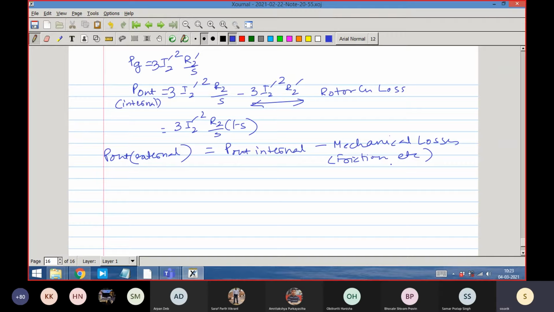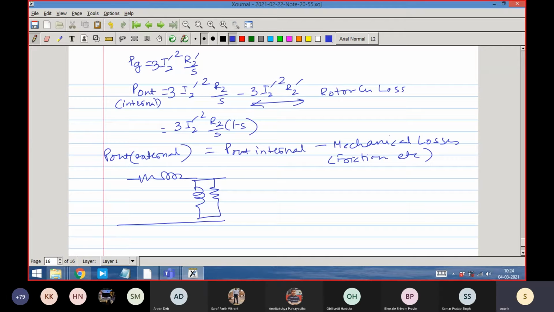But you must have also noted one interesting thing, that we are not talking about iron loss at all. We talked about copper loss, and iron loss we didn't talk about. It's true that the equivalent circuit that we have developed assumes that there is no iron loss in the machine, and therefore in the equivalent circuit we don't have this branch.